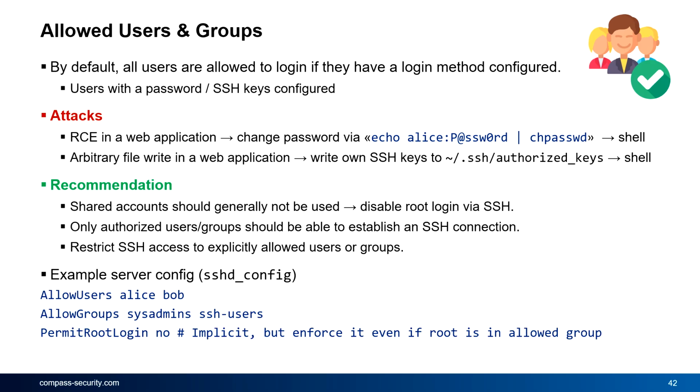This can be done in the SSH server configuration via the AllowUsers or AllowGroups directive. So you can directly specify which users or groups are allowed to log in. There you also have the possibility to disable the root login, so only the mentioned users and groups are able to perform the login.